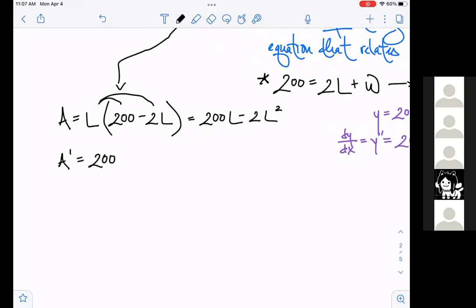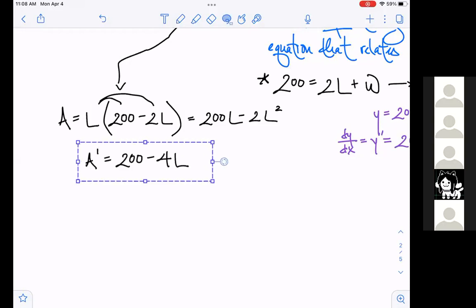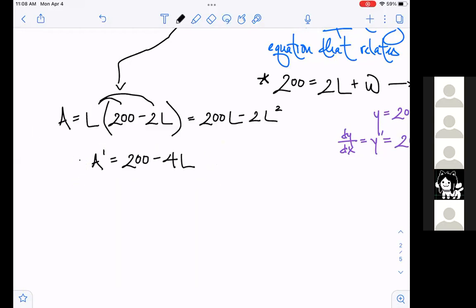Great, 200 minus 4L, okay? Now, just like I said, hey, we could write y prime as dy dx, how can we write a prime? Yeah, exactly. We can write it as dA dL. Okay.